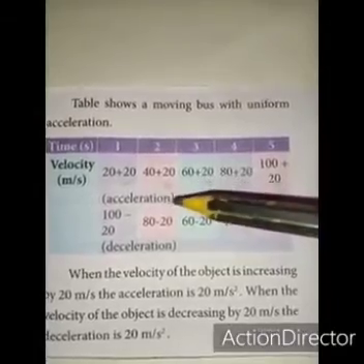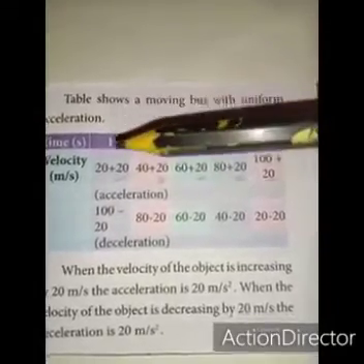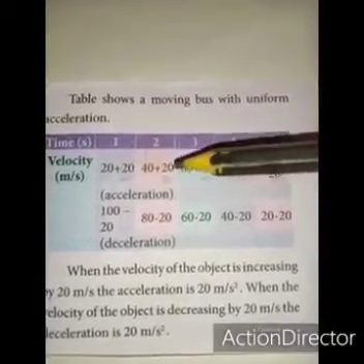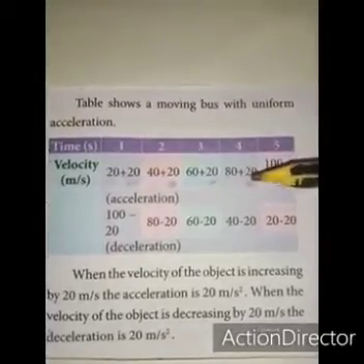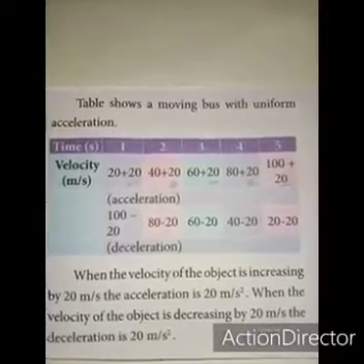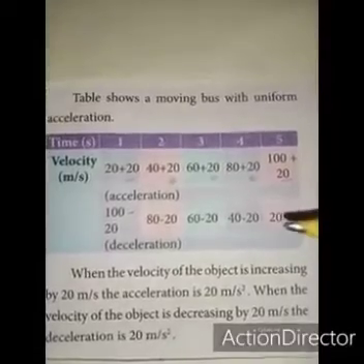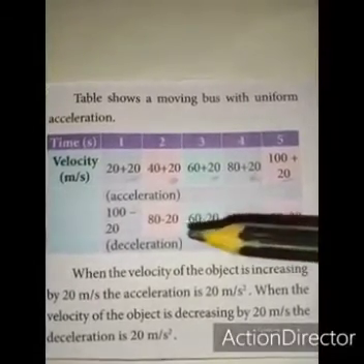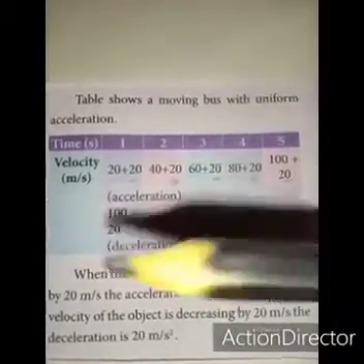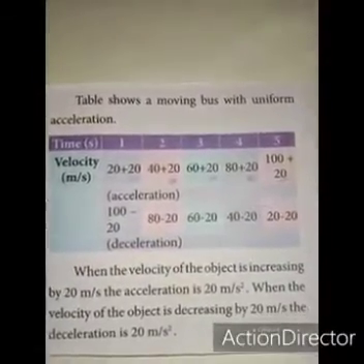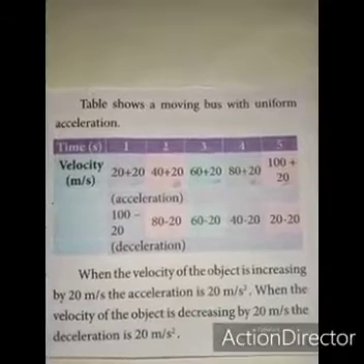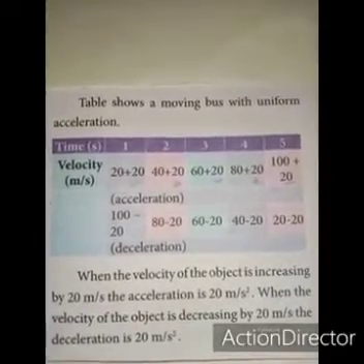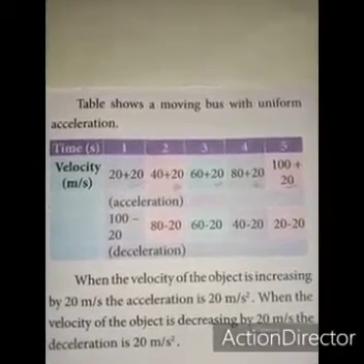When the body gets accelerated, the change in velocity is same for every unit of time. Also, when it gets decelerated, the change in velocity is same. So this is a good example for uniform acceleration.